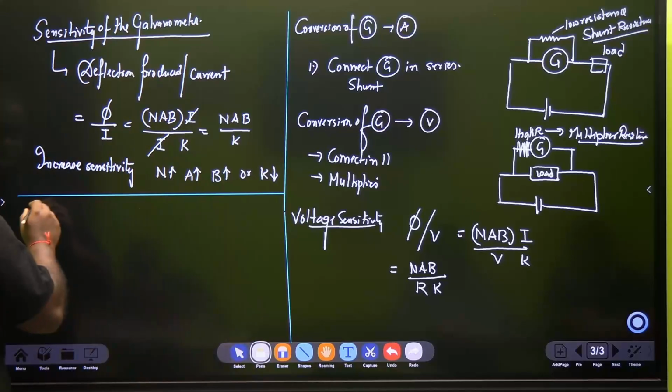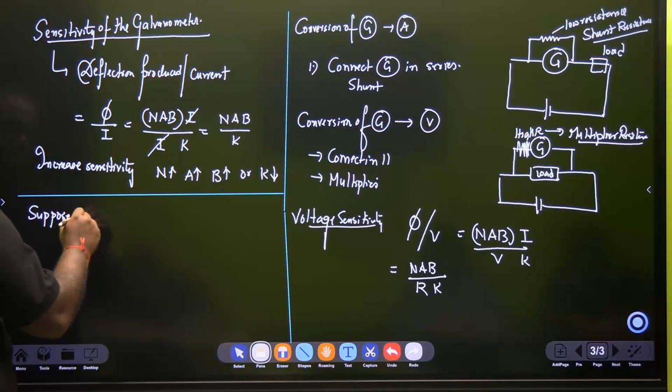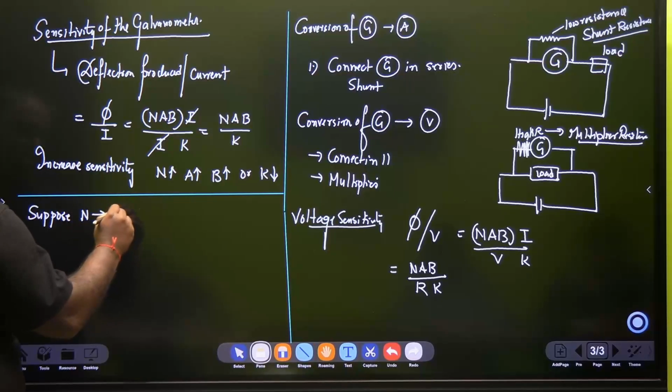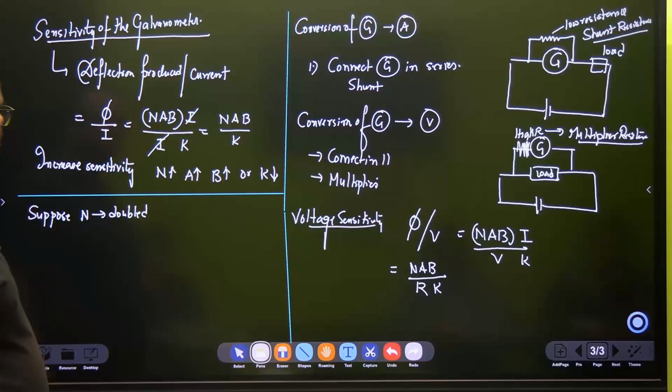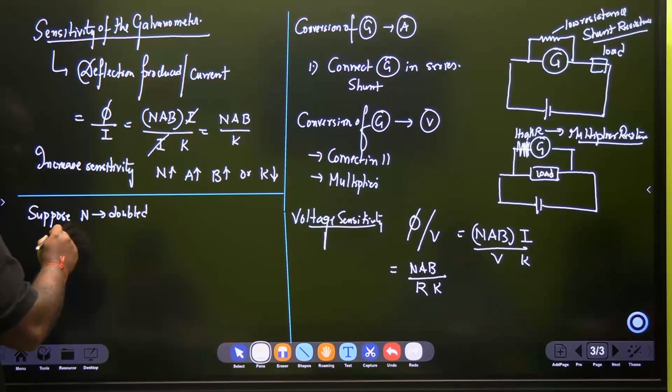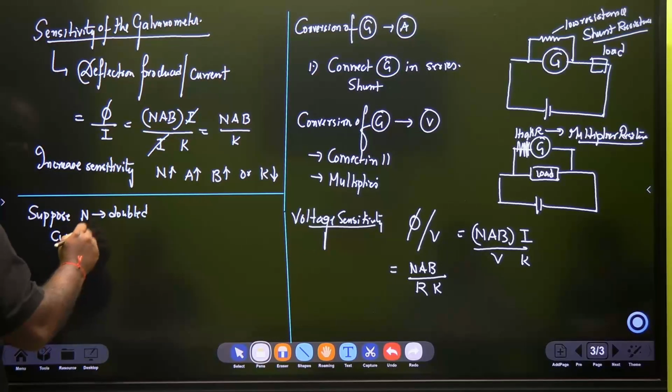Now, suppose N is doubled. Number of coils is doubled. Let's see the current sensitivity.